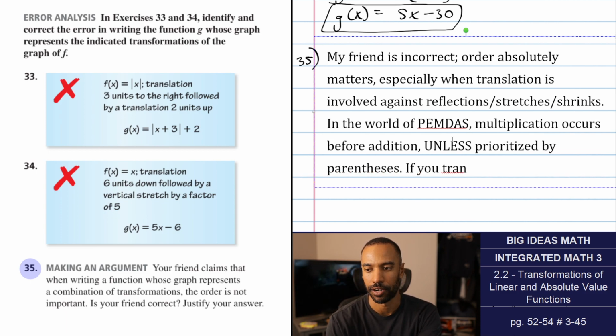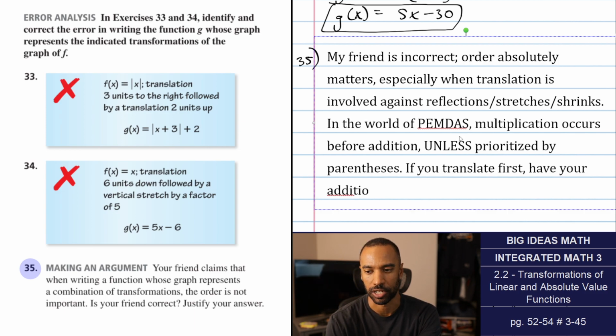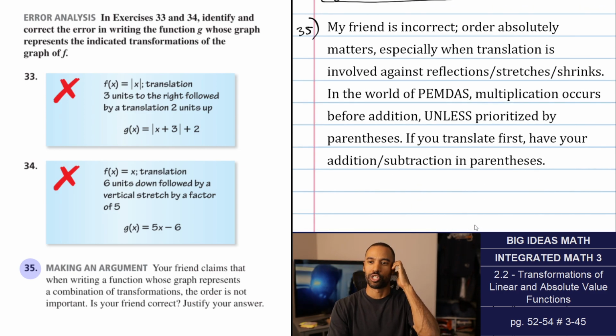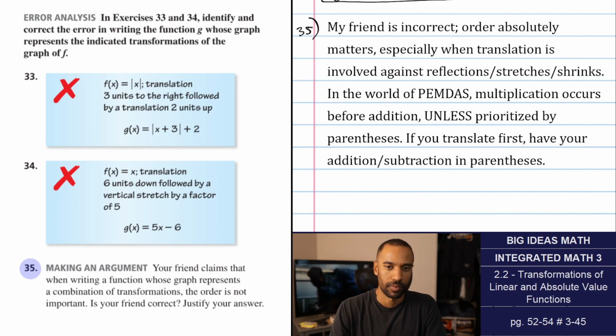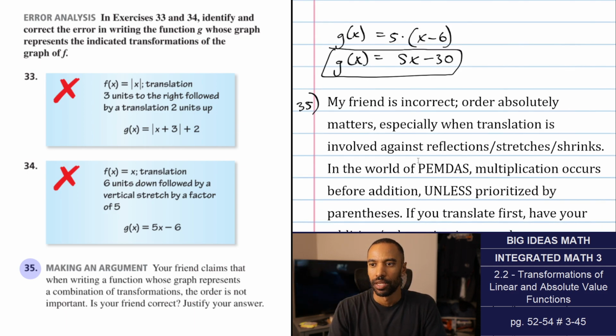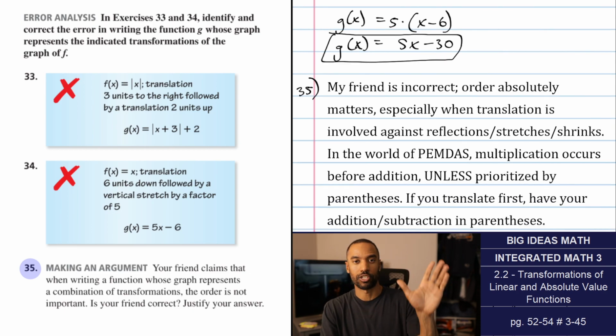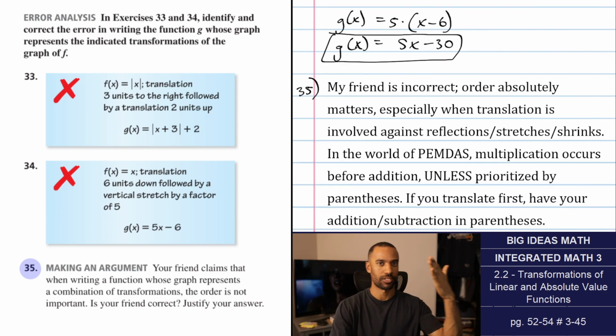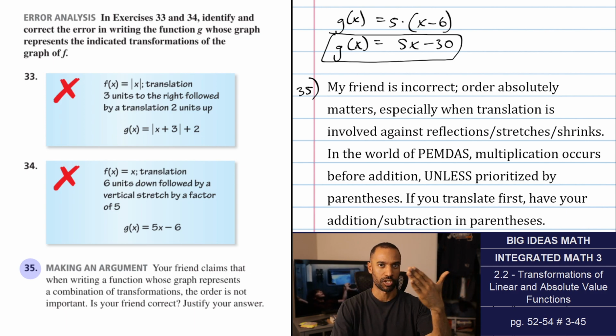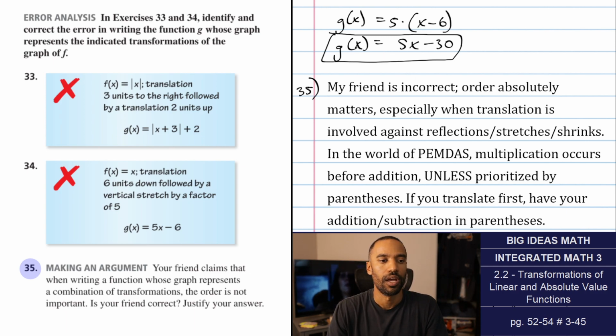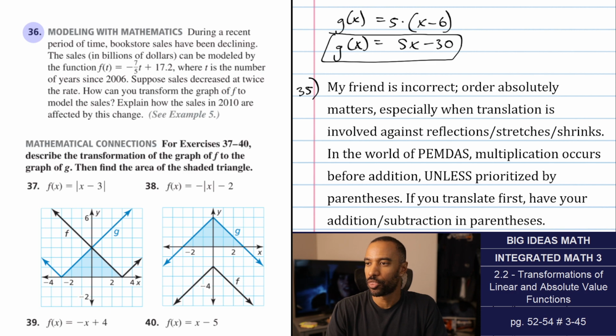If you translate first, have your addition or subtraction in parentheses. Right? That changes the order. Yes, the order is important. It turns your 5x minus 6 into 5x minus 30. Right? If I translate and then reflect over an axis versus reflect over an axis and then translate, I'm in 2 different spots. Okay.